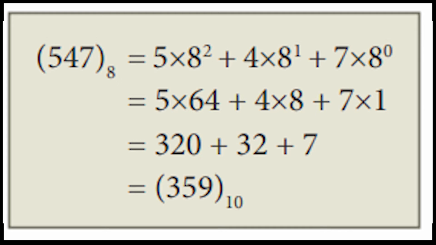Here they have considered 547. 547 means we'll just consider 7 first. 7 into 8 power 0 plus 4 into 8 power 1 plus 5 into 8 power 2, right? So when you are calculating, we'll get the decimal value for this octal number 547. Okay, same way as we saw here in decimal and binary, this octal is also the same format only.